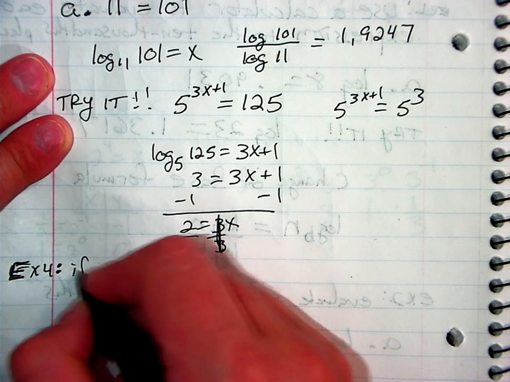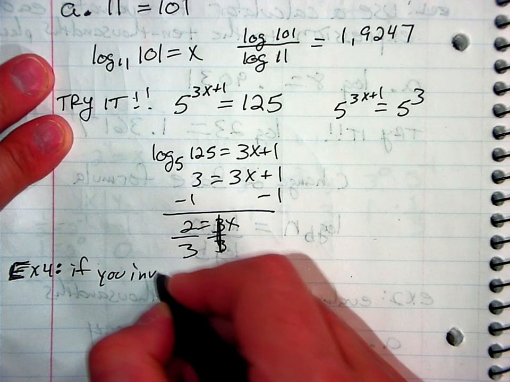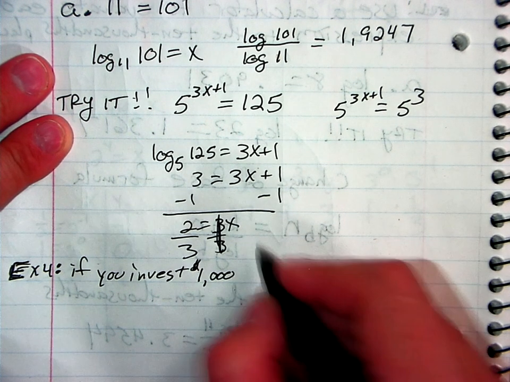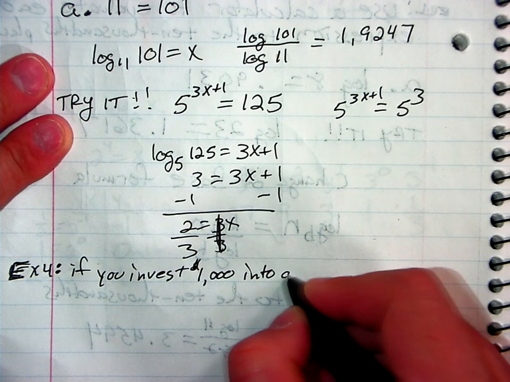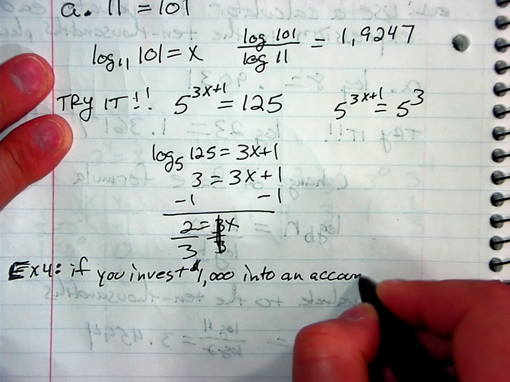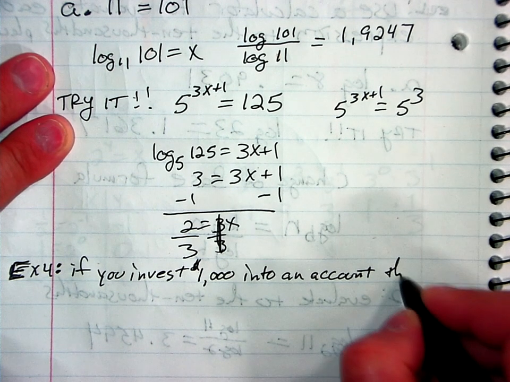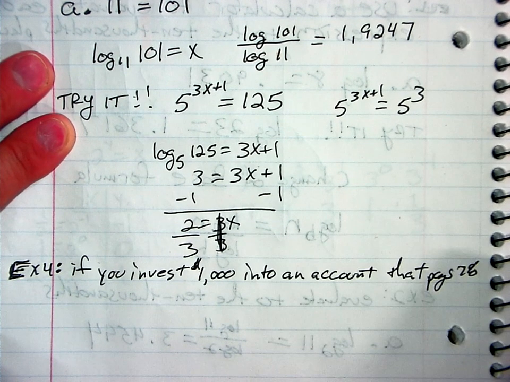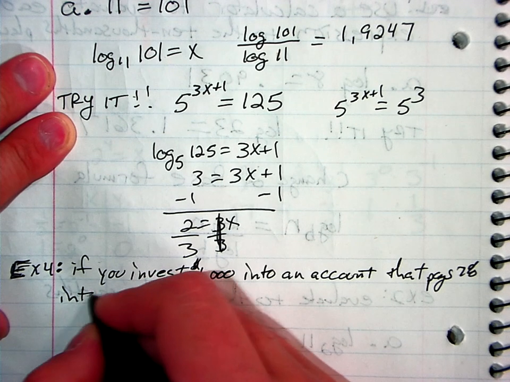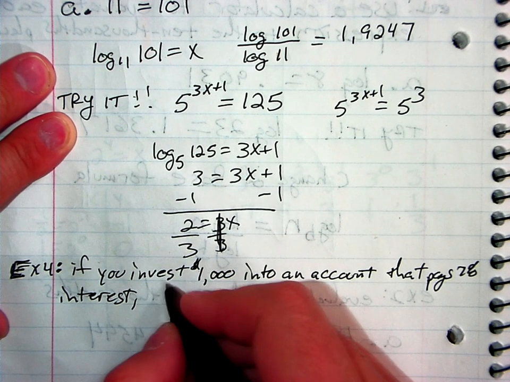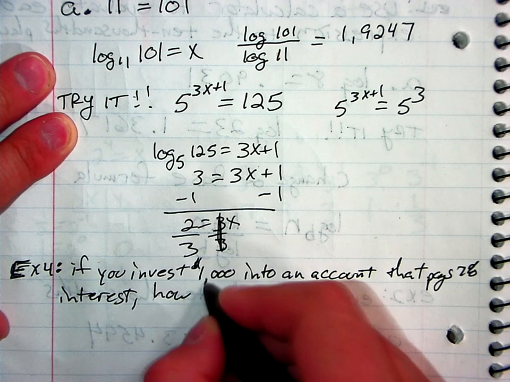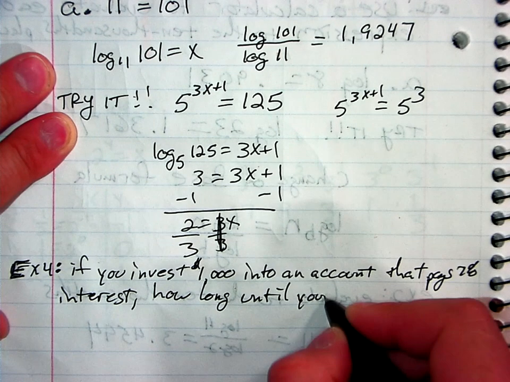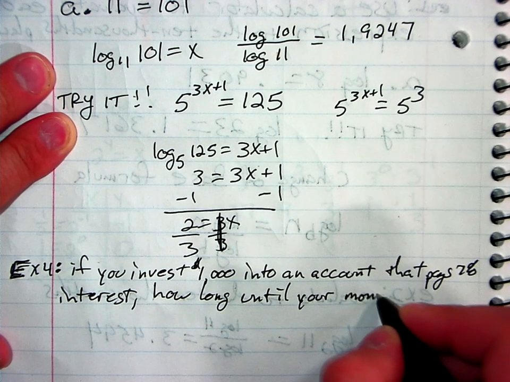If you invest $1,000 into an account that pays 7% interest, how long until your money doubles?